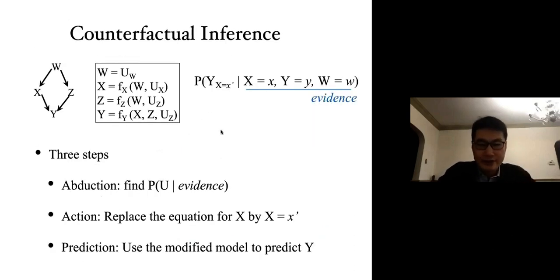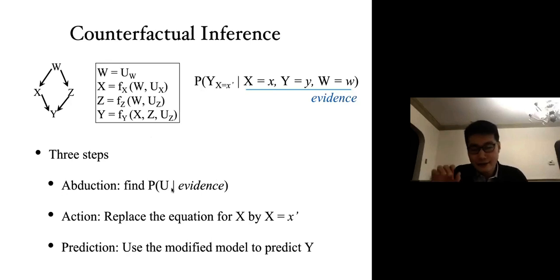So here you can see the general framework to solve the problem. Basically, the framework is as follows. Given the evidence, we have to derive the specific property of this particular unit, represented by U. You can see U here represents the exogenous noise, right? For each person, for each unit, there's some noise. By noise, I mean those things that are not included in the model.